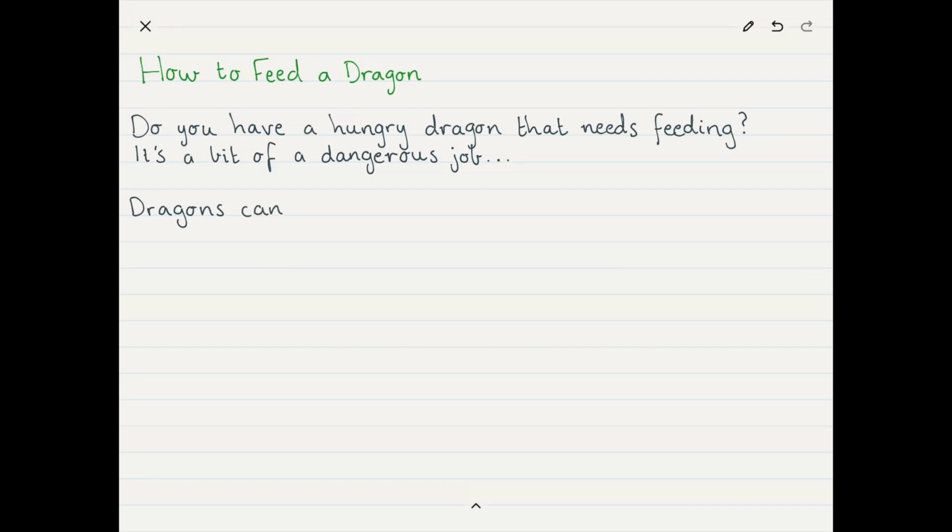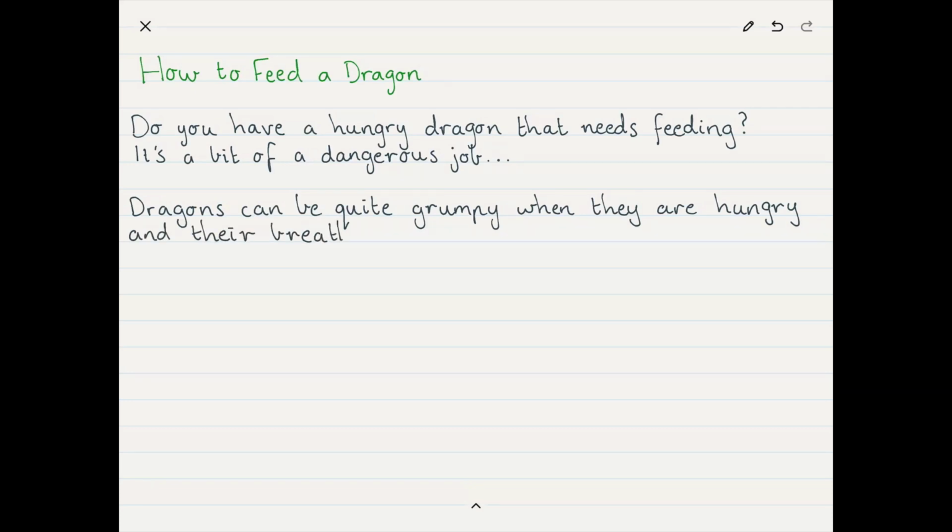Dragons can be quite grumpy when they are hungry, and their breath can be extremely fiery.